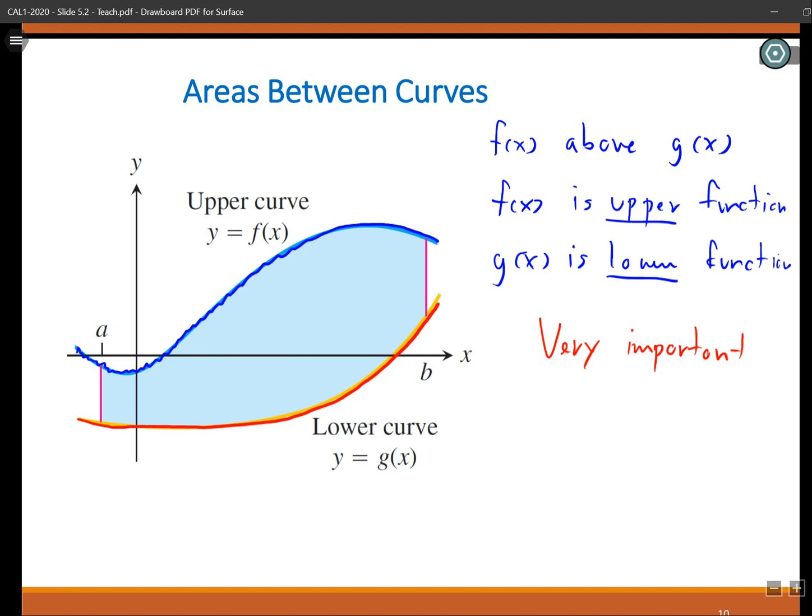From the shape that you see in the graph, you can tell that this blue line is at the top of this region, so we are going to call this f(x). But then you see the red line at the base of this region. You are going to call this red line g(x).